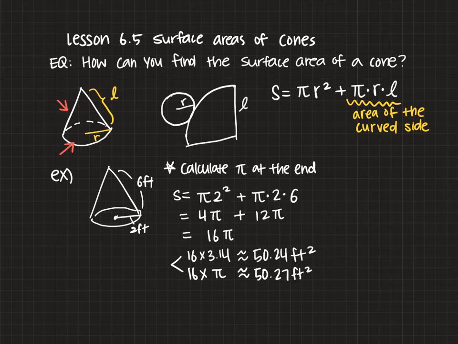So really the essential part is to know how to find the radius and the slant height and to plug them into this equation, so that we can find the answer. And like I said, calculate the pi at the end so you can have a more accurate number.